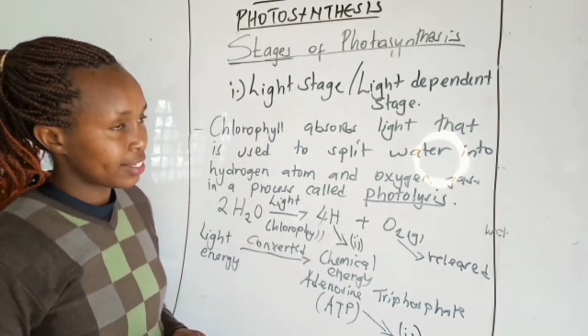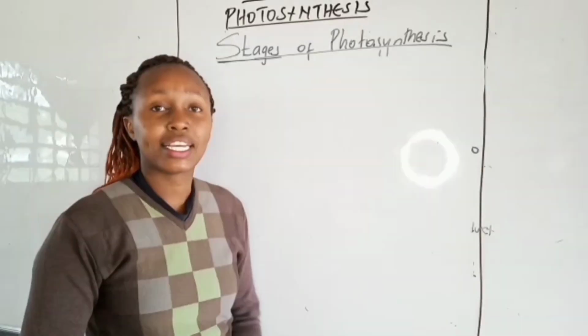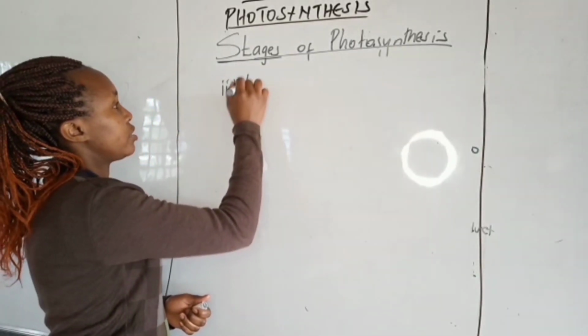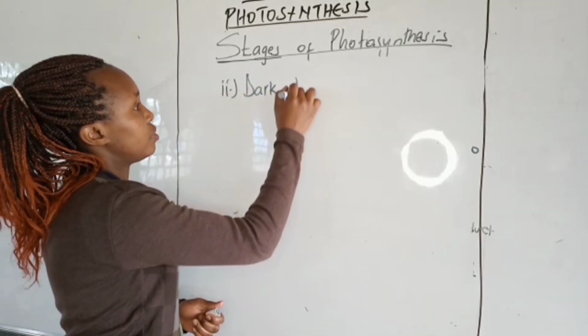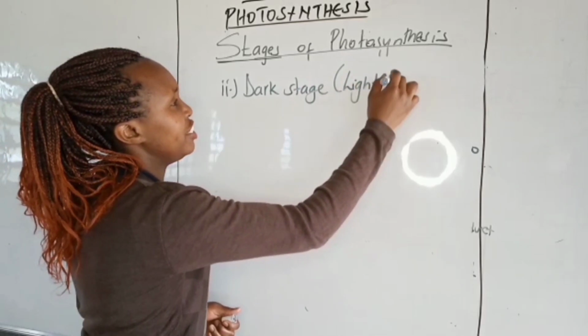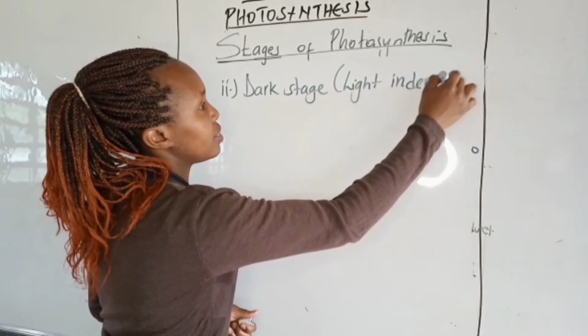So let us look at stage 2. The second stage of photosynthesis is called the dark stage, also called light independent stage.